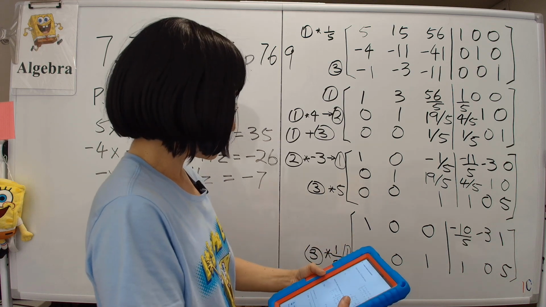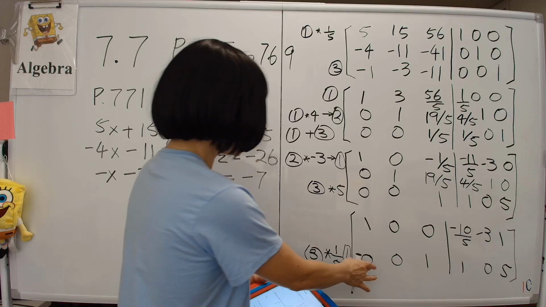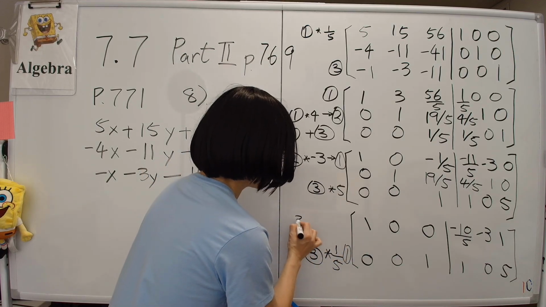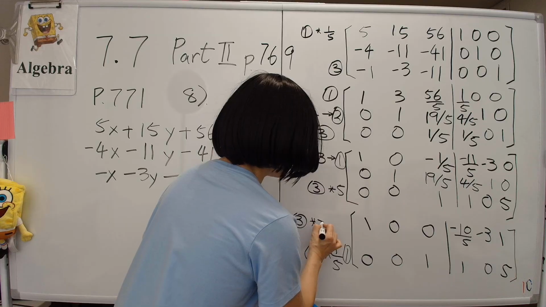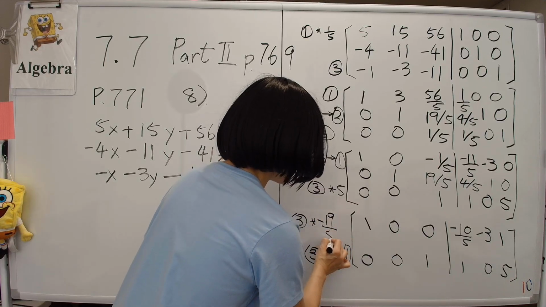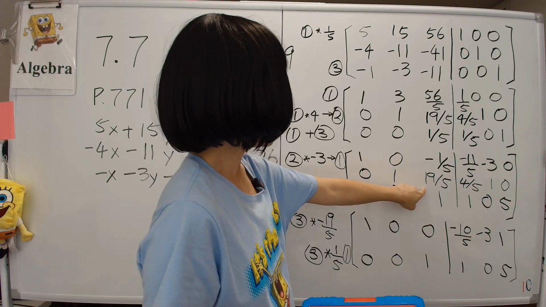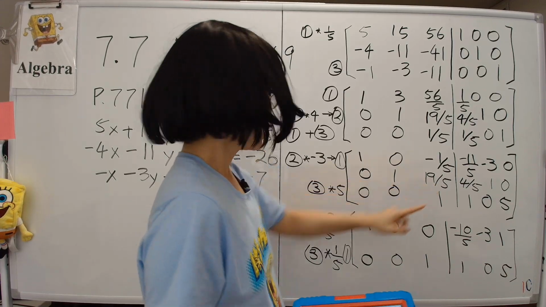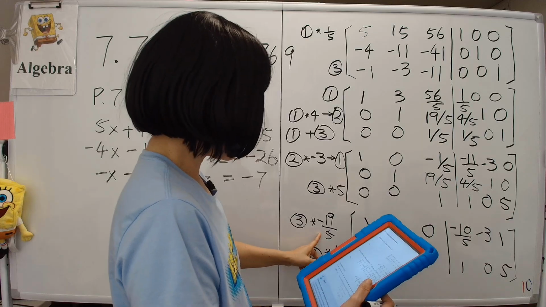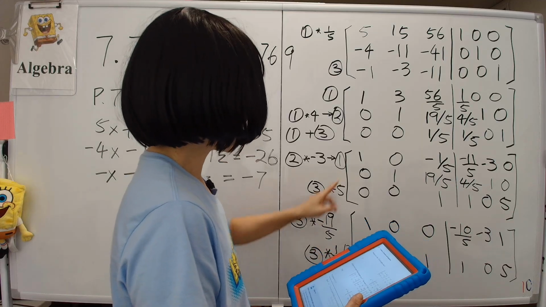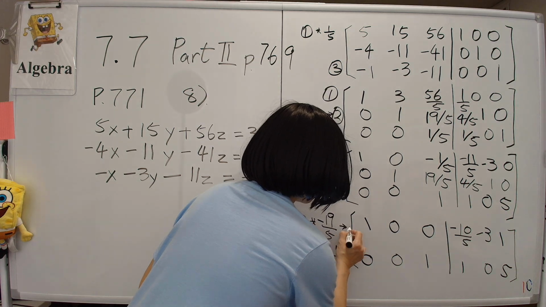So the last step we need to do, we are going to multiply this row, new row 3, by negative 19/5. Why? Because we need to kill this thing right here. Okay, this needs to become 0. And to do that, we'll take row 3, this one, and multiply by the negative, and then we'll add it to row 2.